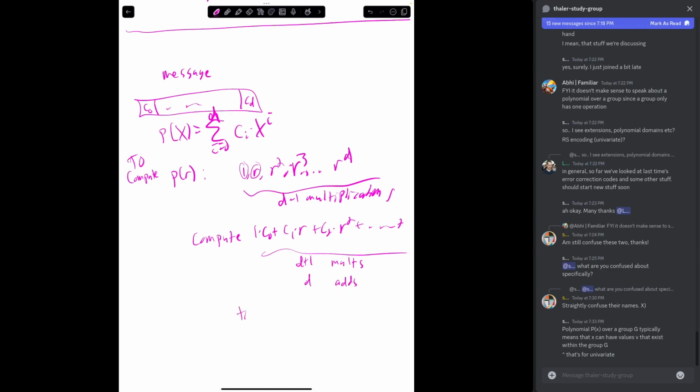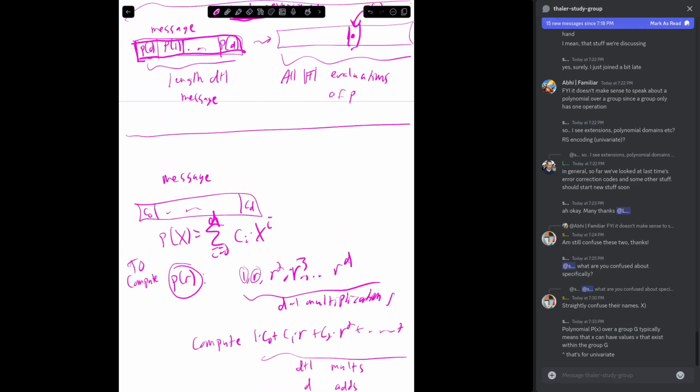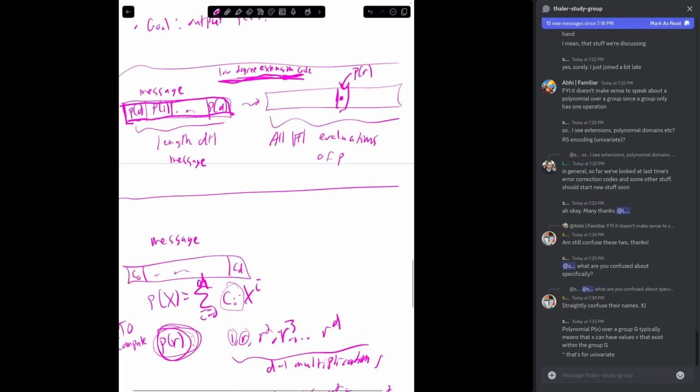So the total time to evaluate P of R in this case is certainly order D field operations, additions and multiplications. It looks to me like it's roughly 2D multiplications and D additions, but whatever. So if I were interpreting the message symbols as coefficients of the univariate polynomial, it's very obvious how to evaluate that polynomial at any desired point.